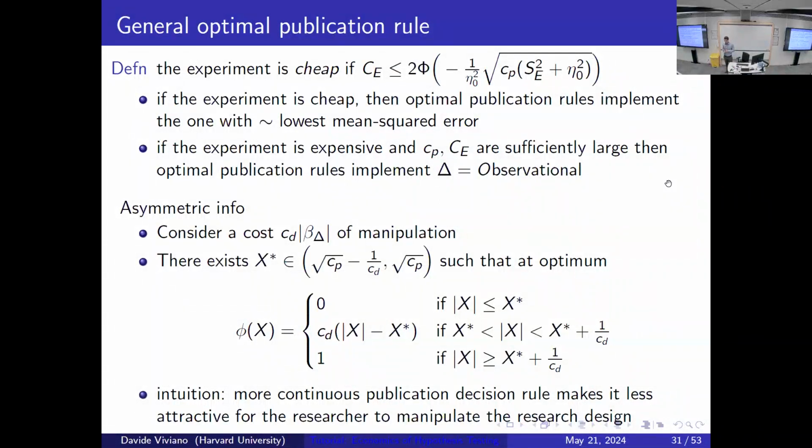Somehow that's a result of there being the possibility for the researcher to add a bias that's unknown to the editor. Sorry? Somehow that's a consequence of the researcher being able to add a bias to the estimates that is unknown to the editor. That's right. The researcher is using this bias, c times beta delta, but I don't observe how things are moving.